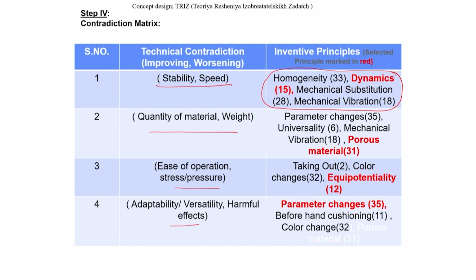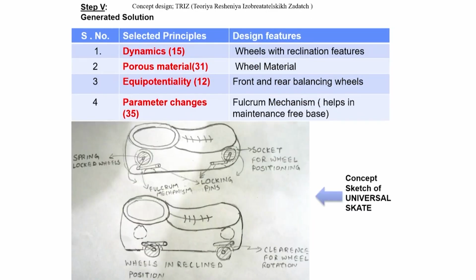Once they did that, they thought of ideas like dynamics, wheels with a reclination feature, so that whenever you are walking, the wheels are not used, and whenever you are skating, the wheels come into action. So, deploy the wheels at that time. So, the reclination feature. Porous material, another problem was there. So, they figured out the wheel material corresponding to it.